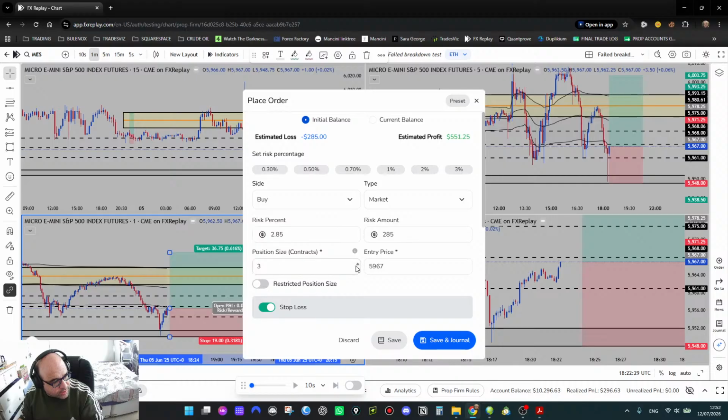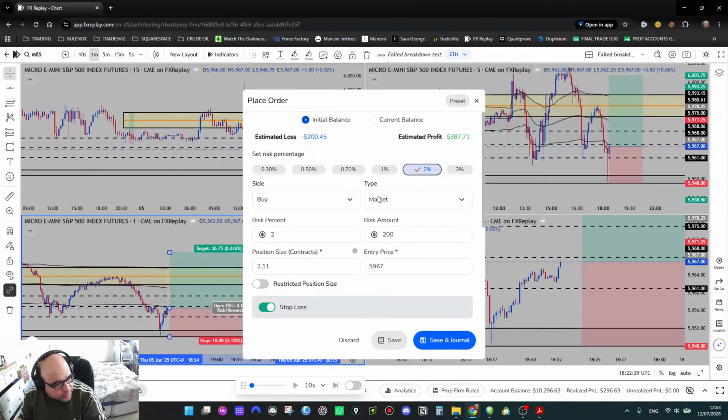I think that's amazing because we can even do like 3.1 or 3.2, which we're not allowed normally. Okay, let's see, from now on we're gonna follow a 2%.